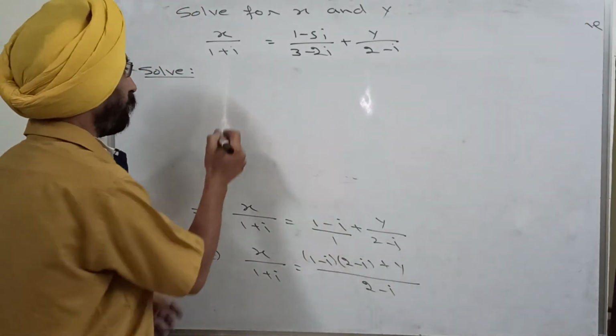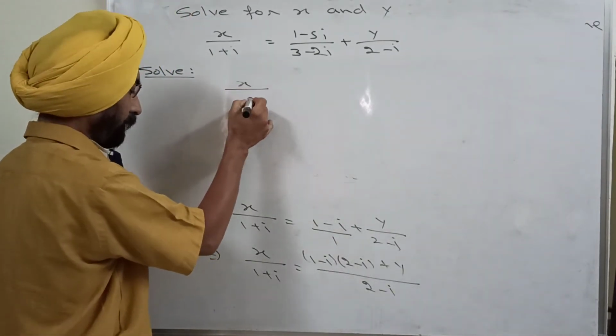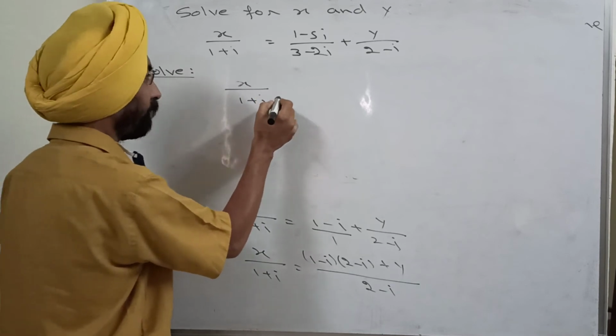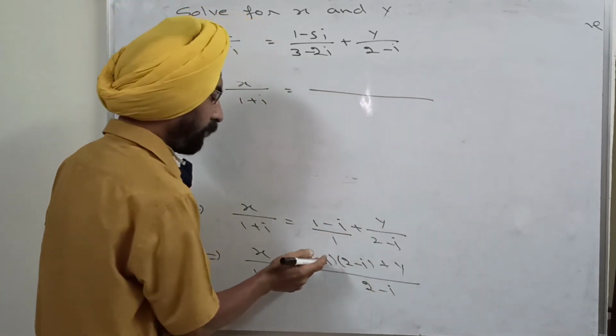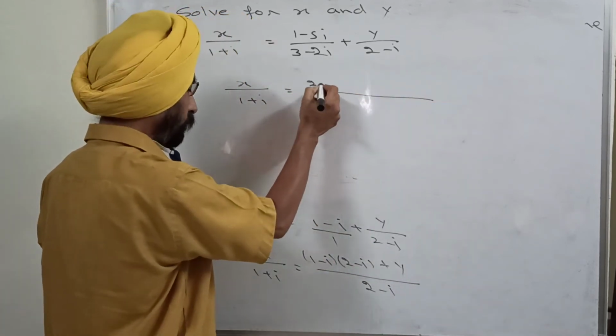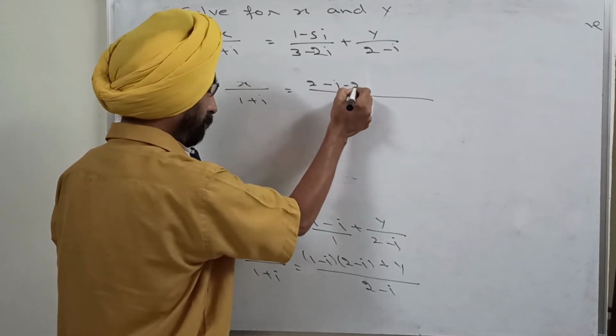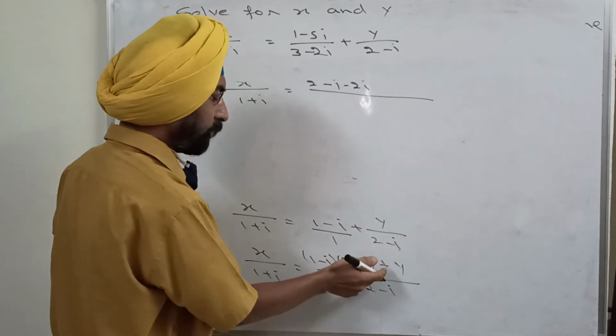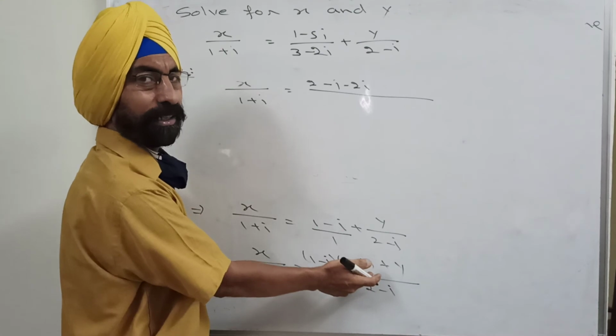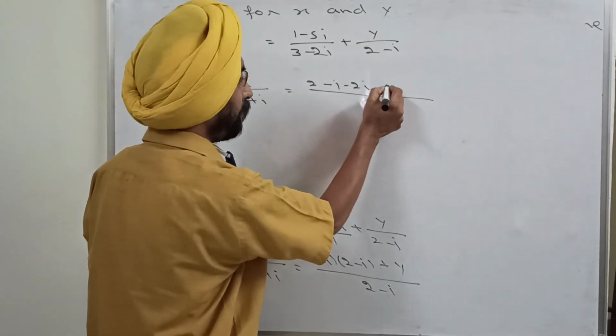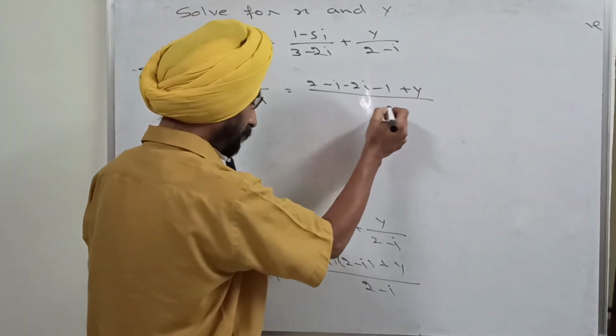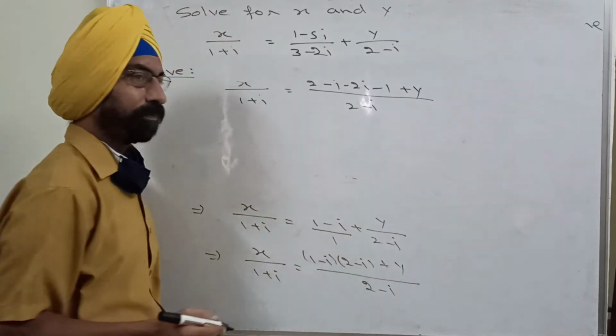So what you will get, x upon 1 plus iota is equal to, now multiply these two, you will get 2 minus iota minus 2 iota, and minus iota into minus iota is plus iota square, which is once again minus 1, plus y upon 2 minus iota.